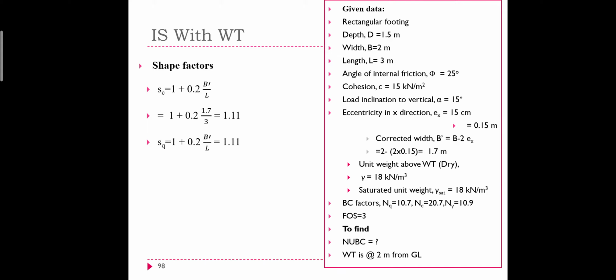Then Sq is equal to 1 plus 0.2 into B dash by L, the same as Sc, that is 1.11. Then S gamma is equal to 1 minus 0.4 into B dash by L. You have to memorize this from the table given. So 1 minus 0.4 into 1.7 by 3 will give you 0.77. So we have found Sc, Sq, S gamma.